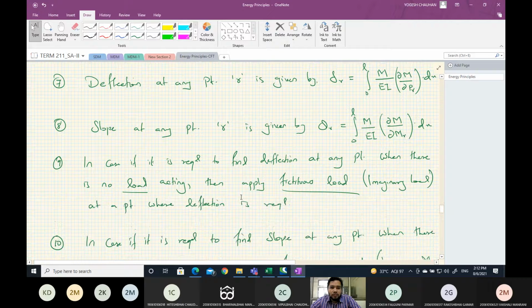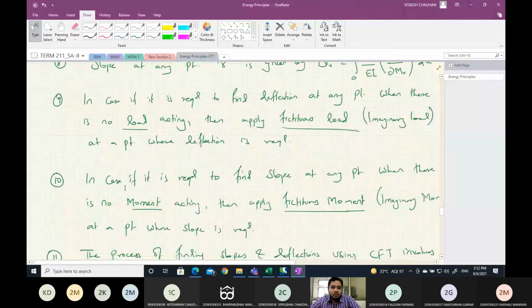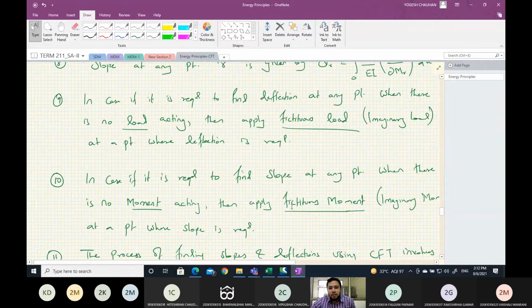Now, if it is required to find the deflection at any point where there is no load acting, then apply a fictitious load at that point, and later on put the value of this fictitious load as 0, and you will get the deflection. Similarly, if you want to find the slope at any point where there is no moment, then apply a fictitious moment at that point, and later, after integration, put the value of that moment equal to 0, and you will get the slope at that point.